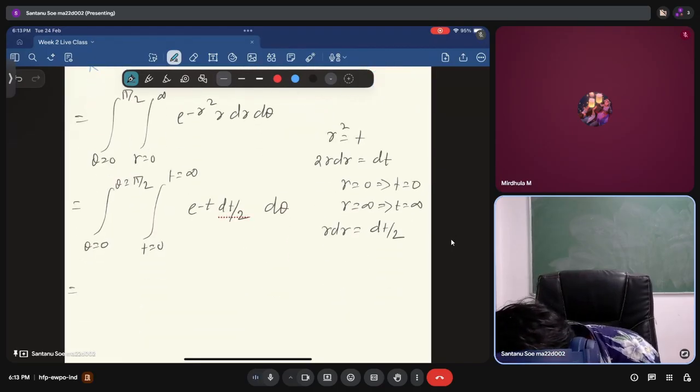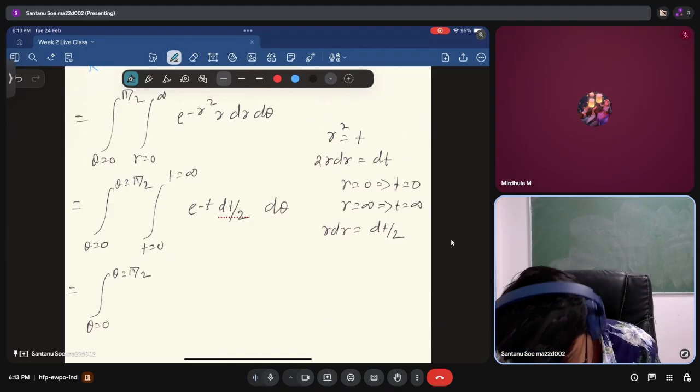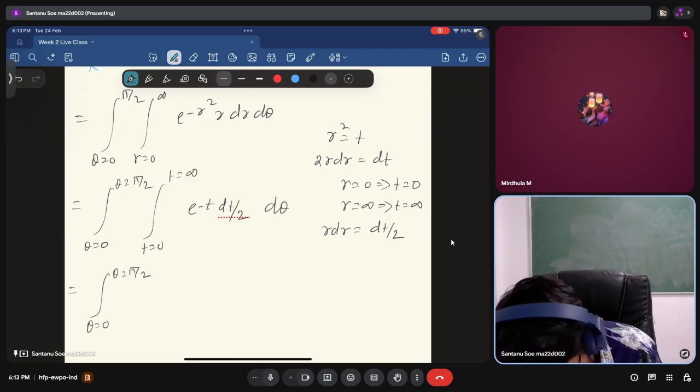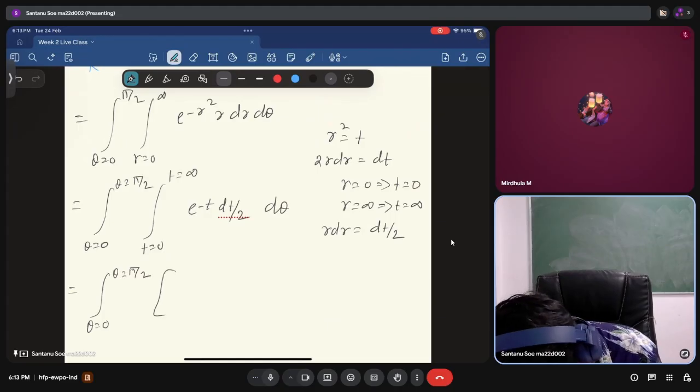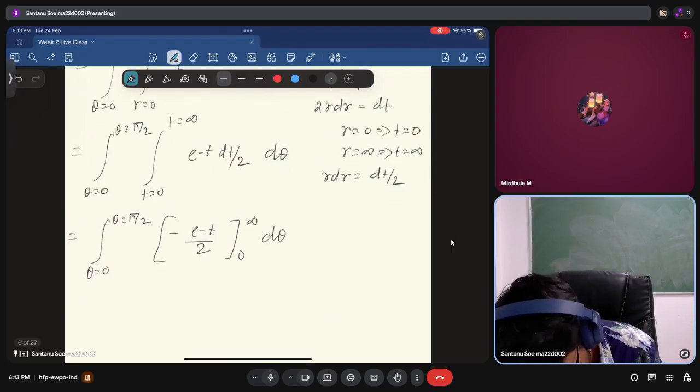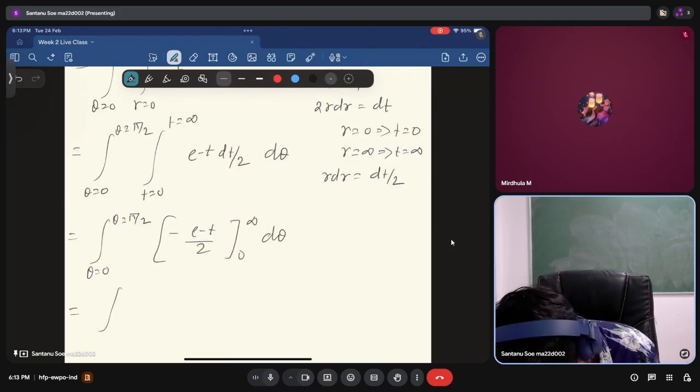So theta equals 0 to pi by 2. Now we know the integration of exponential of minus t dt, which is nothing but minus e to the power minus t, by 2, 0 to infinity. And then we already have d theta outside.